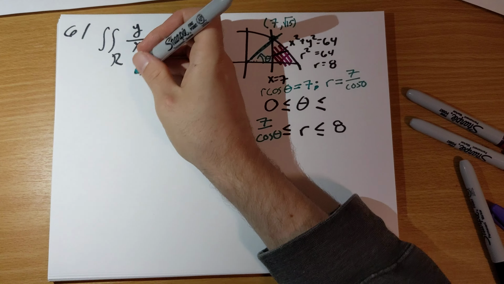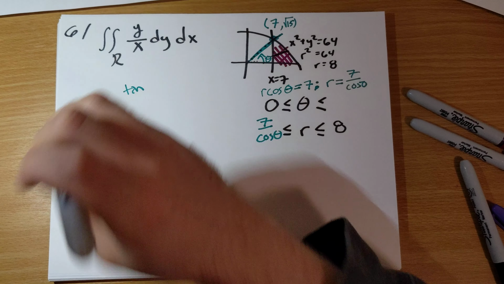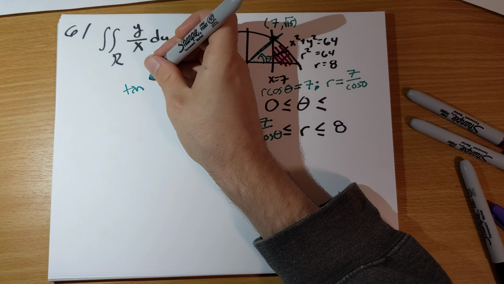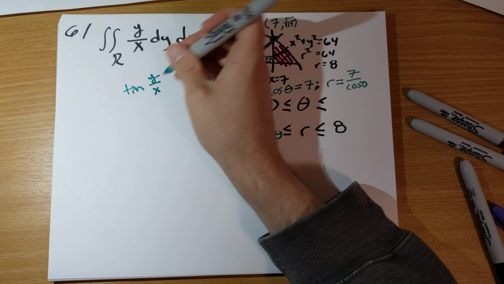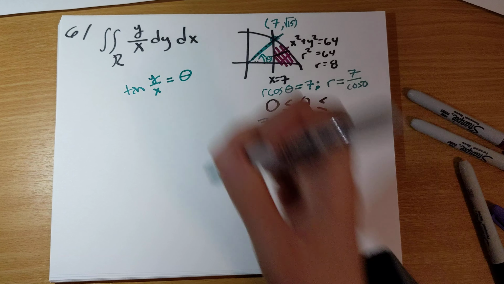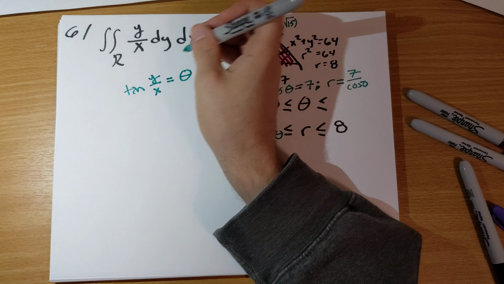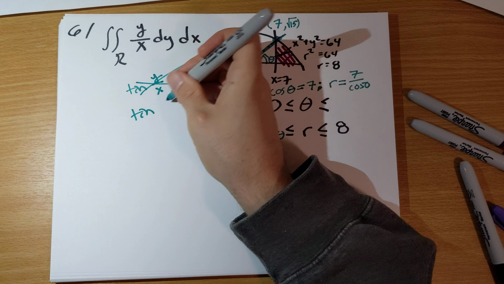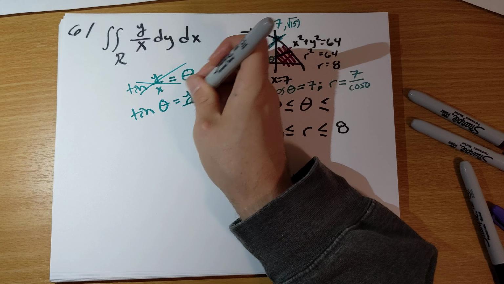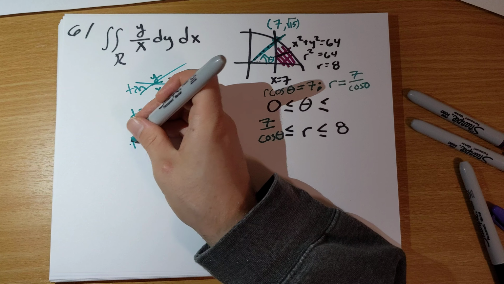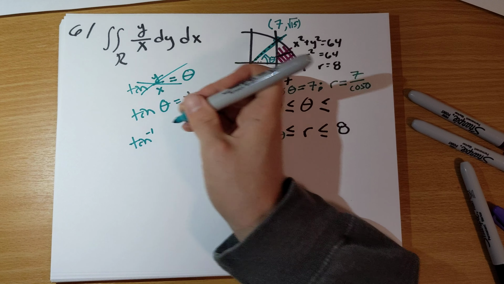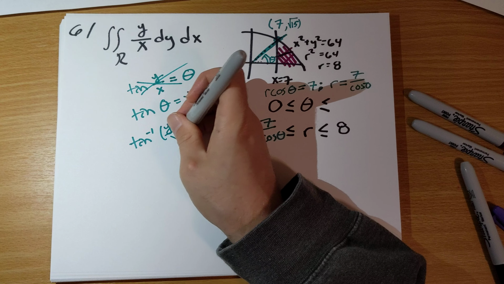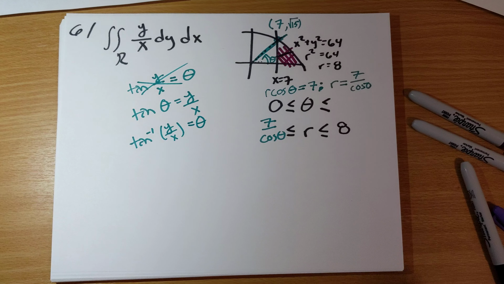So then, how do we relate x, y, and theta together? Tangent of theta is y over x. I wrote that backwards there. I meant to write tangent inverse of y over x is equal to theta.